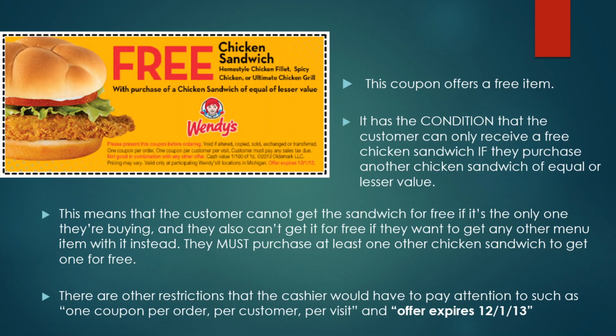This means that the customer can't get the free sandwich if it's the only item they're buying, or if they want to only get one other item that isn't another chicken sandwich with it. They have to at least purchase one other chicken sandwich to get one for free. On top of that, there are other restrictions, such as one coupon per order per customer, and offer expires on December 1st, 2013.